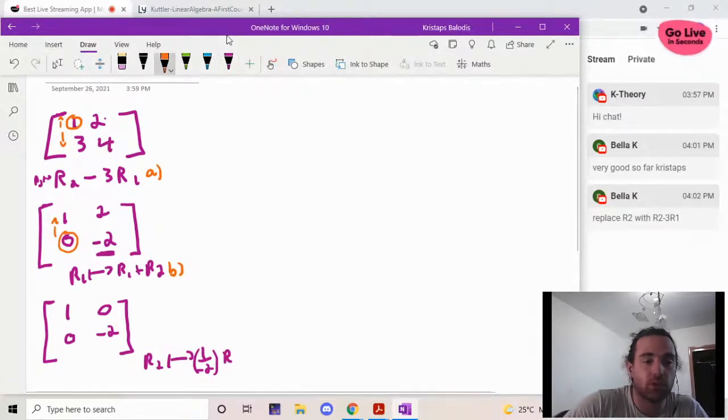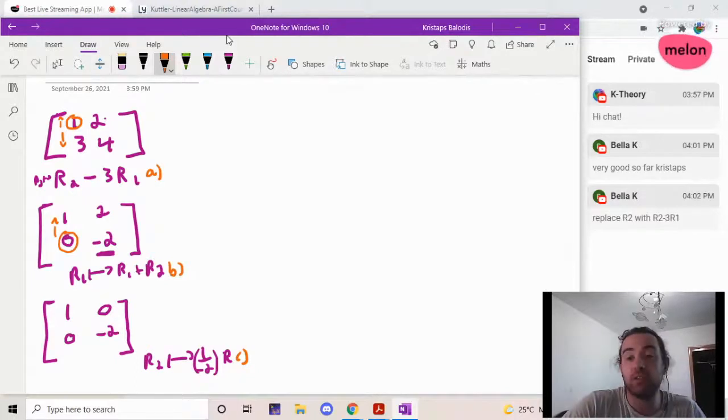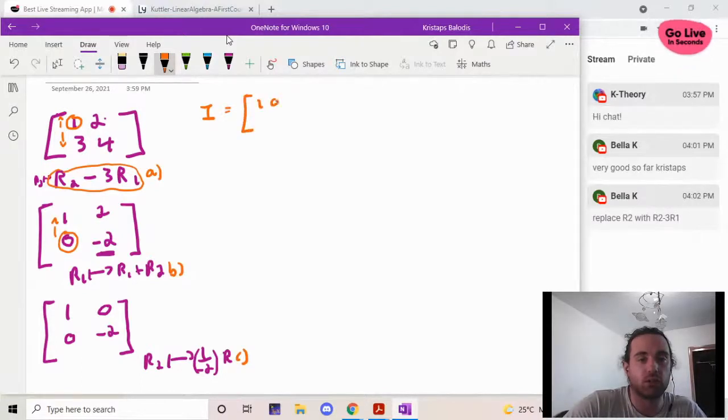So I'll call this operation C. And let's make the elementary matrices corresponding to these row operations.